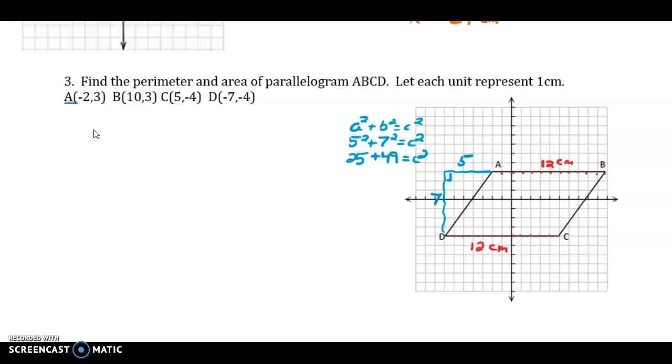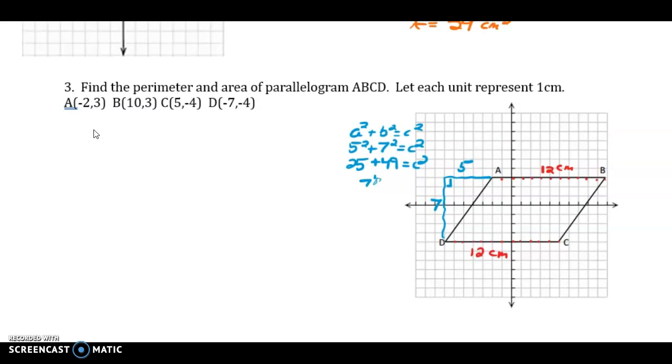Go ahead and put your like terms together. I'm going to reach for a calculator because it is late. So we're up to 74. So 74 is equal to c squared.